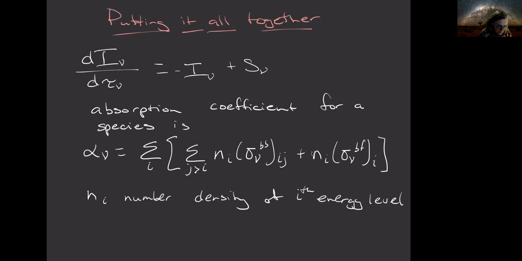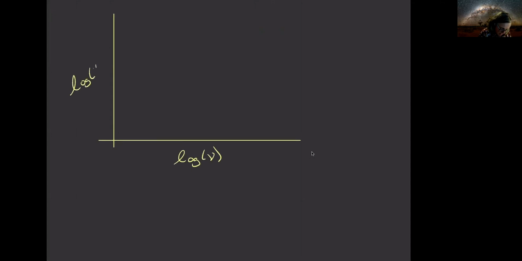If we were to draw this out, we could draw a diagram of log of frequency versus log of the absorption coefficient. And it might look for a given species something like this. It'd be decaying, declining, jumps, declines, bound free edges.